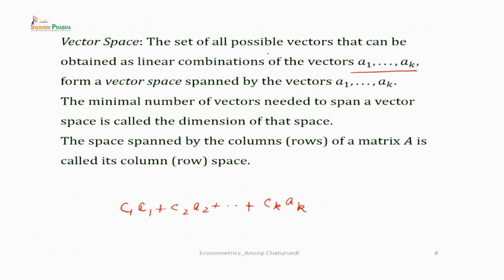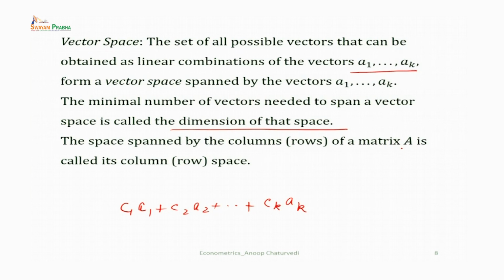The minimal number of vectors needed to span a vector space is called the dimension of that space.